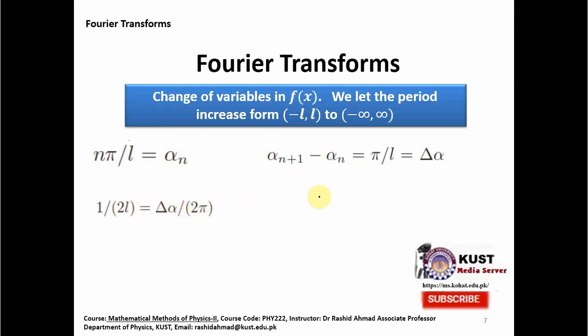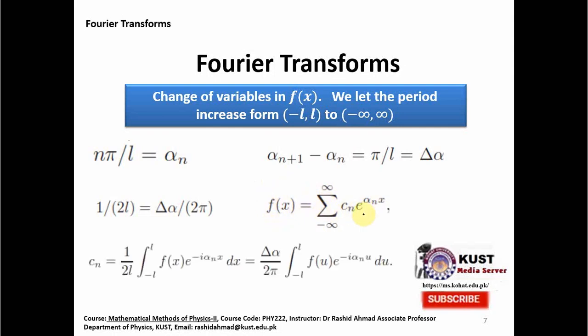After making these few short definitions, now let's use the Fourier series. Remember, this function f of x is expanded into its Fourier series, and the Cn's, these Fourier coefficients, we have derived the formula for. The Cn were equal to 1 over 2L times the integral from minus L to plus L of f of x e raised to the power minus i alpha n x dx.